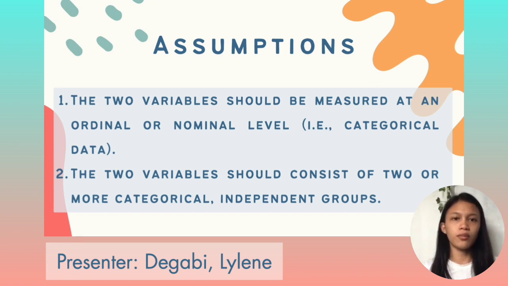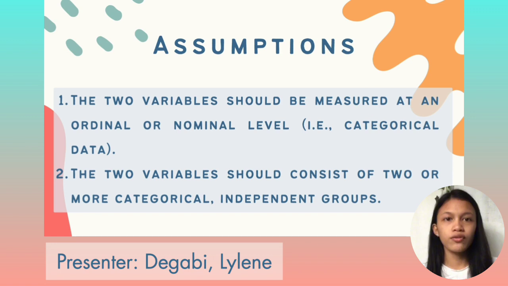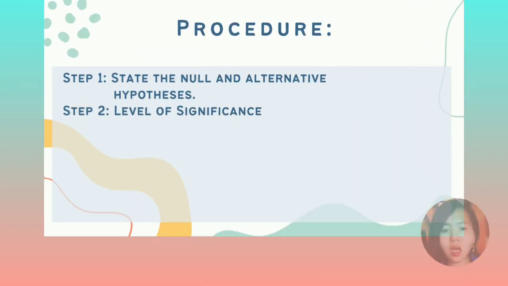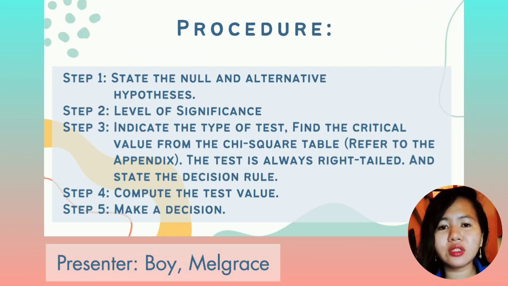These two assumptions are, number one, the two variables should be measured at an ordinal or nominal level. Assumption 2, the two variables should consist of two or more categorical independent groups. For the procedure of chi-square test for independence, step 1, state the null and alternative hypotheses.